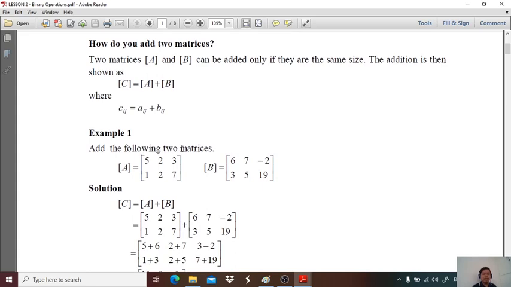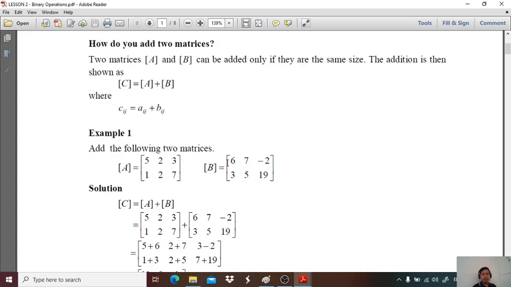These are the rules in adding two matrices. Each element will be added simultaneously with the other elements. So let's say A11 will be added with B11, same row, same column, and the answer will be in the same position.